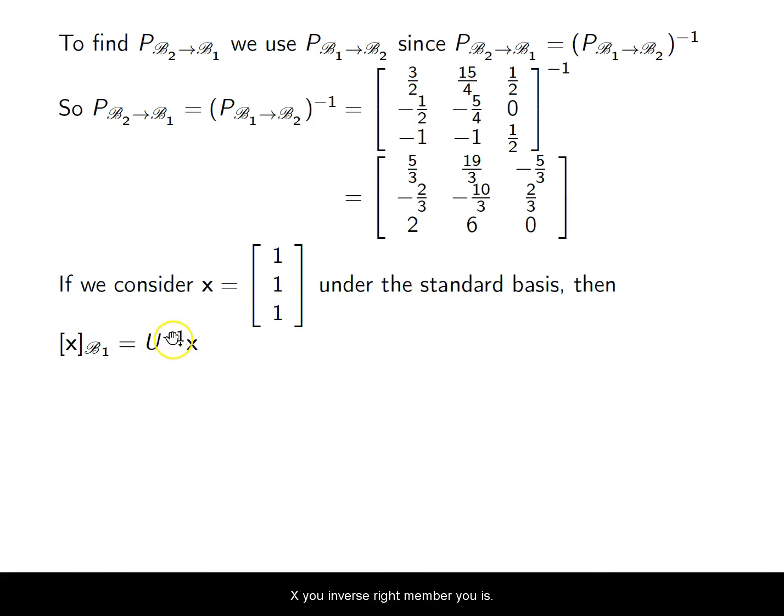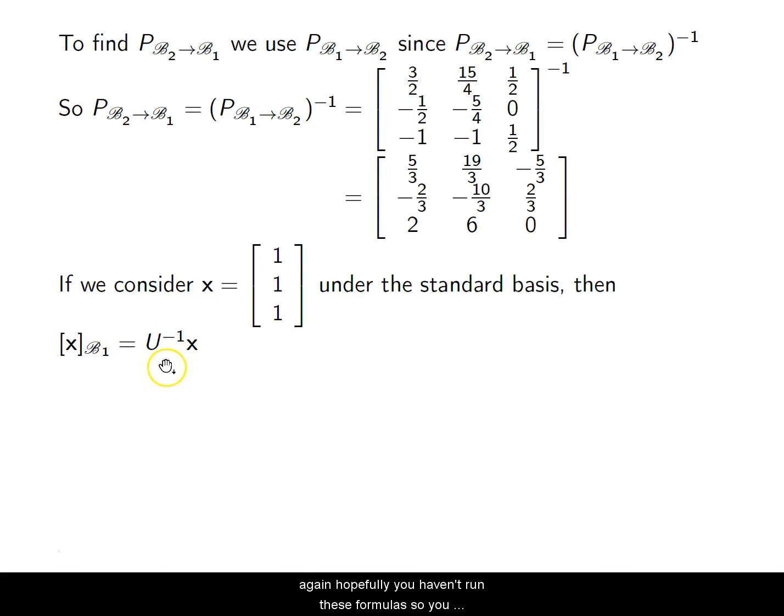Remember, U is the matrix made out of the column vectors from the basis vectors of B1. So if I want to go from the standard basis into B1, if we go back and look at that chart, I have to go this way.